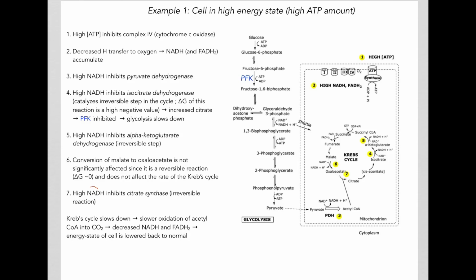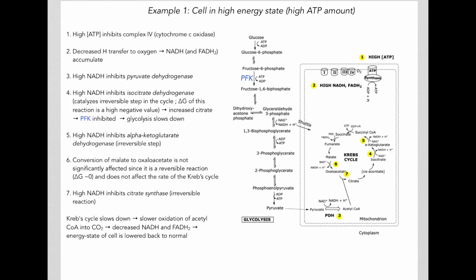The high amounts of the reduced NADH will also inhibit citrate synthase. So this enzyme here catalyzes the reaction between acetyl-CoA and oxaloacetate to form citrate. So this enzyme will also be inhibited.